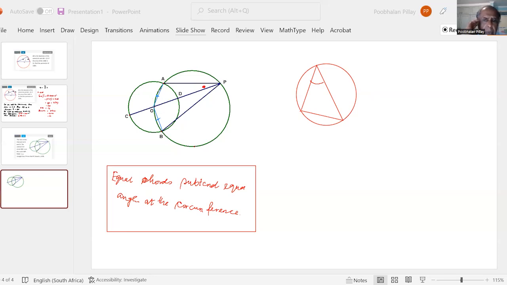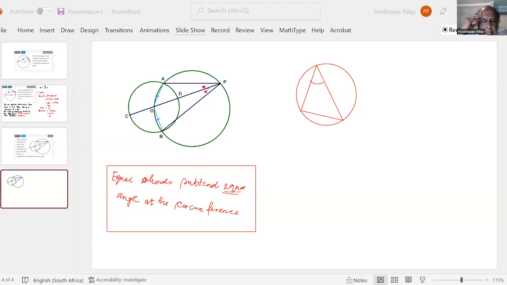So that's one of the two equal chords, and the other equal chord is this one here. The other chord that is equal to this is that one. So if you start here and do exactly the same thing, go to the point on the circumference and come back to the end of that chord, then you create this angle here. And these are equal chords, and they are equal angles at the circumference.